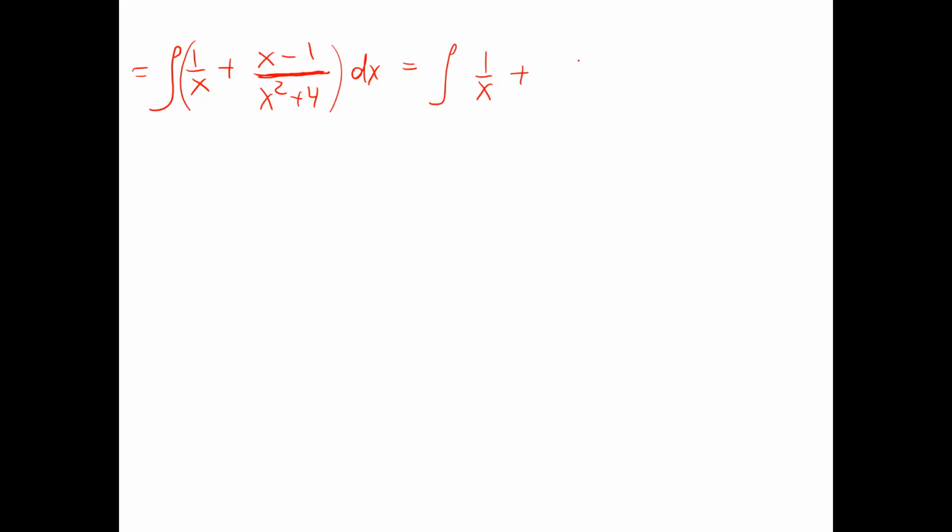That means I will split this integral: x over x squared plus 4, and then minus 1 over x squared plus 4, because I can split the numerator while keeping the same denominator. The first integral, 1 over x, is just the natural log of the absolute value of x.